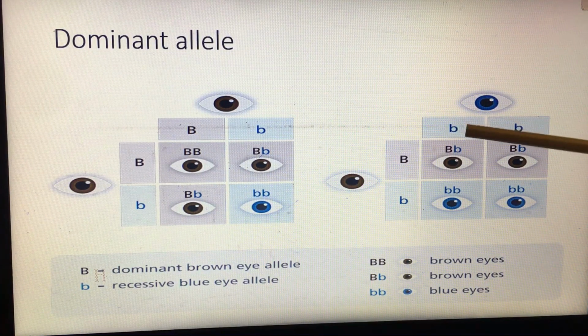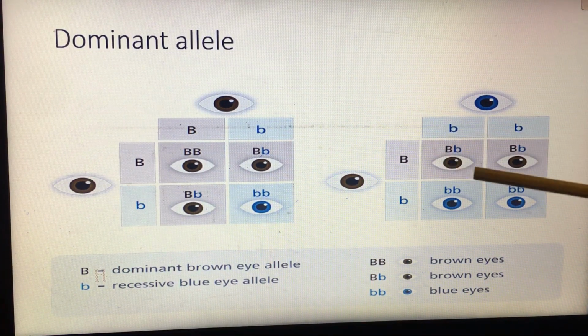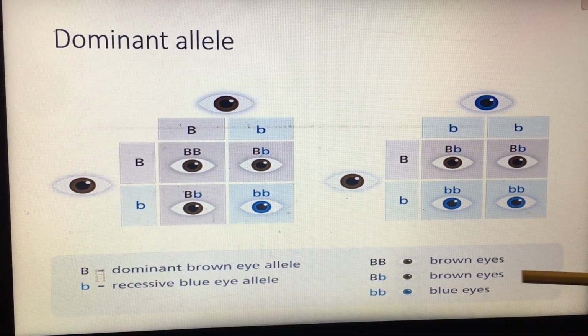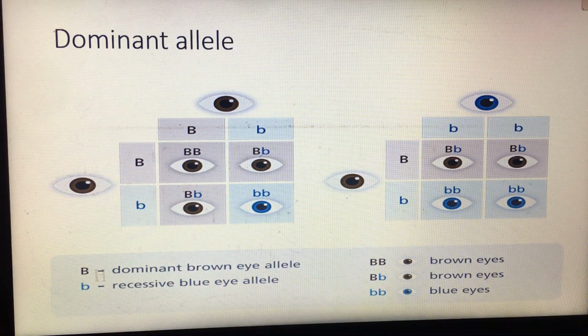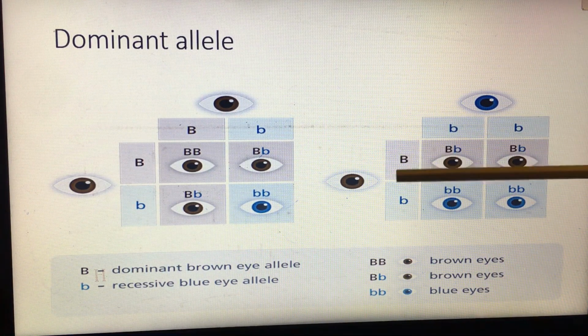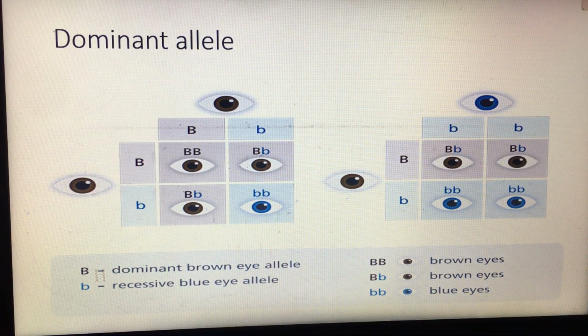Now when B small with B capital, that will produce B capital B small, and B capital B small is brown eyes. B small, it's a recessive blue eye allele, so the color will be blue. B small, B capital, it will be brown because B capital is the dominant brown eye allele, so the color here will appear brown.